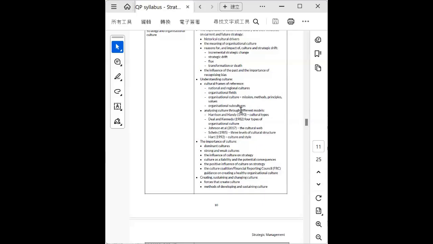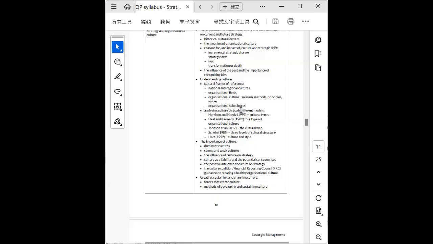Collegial culture values teamwork, participation, and shared decision making. And then we have the last one, which is creative culture. This encourages innovation, experimentation, and risk taking.